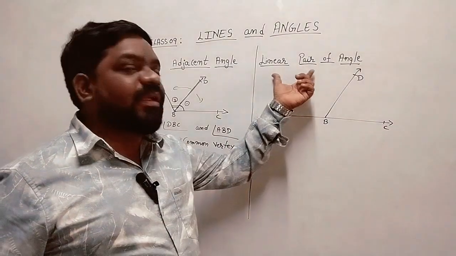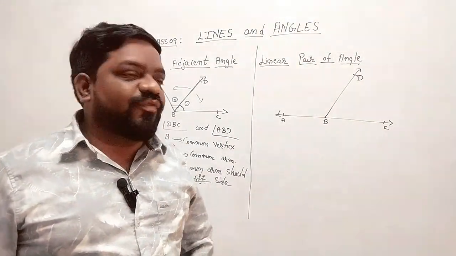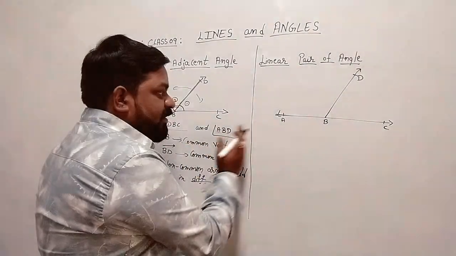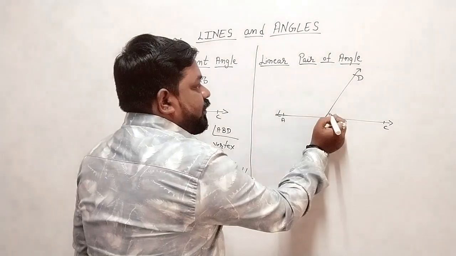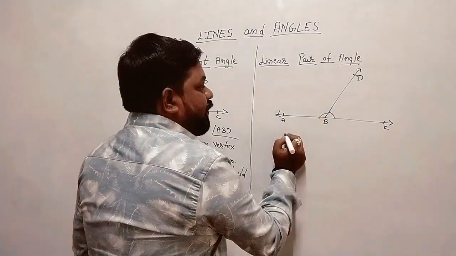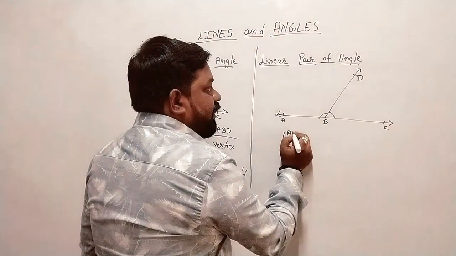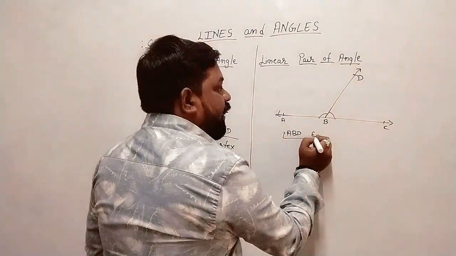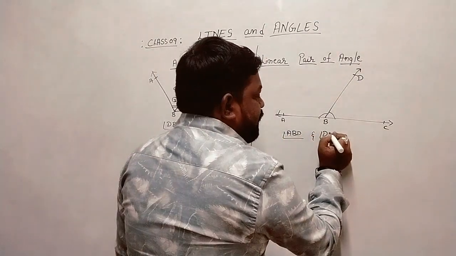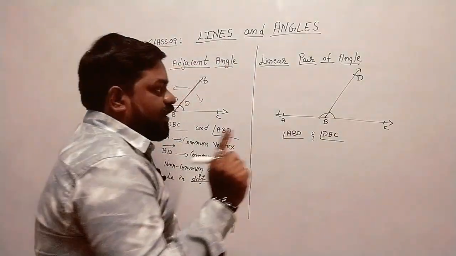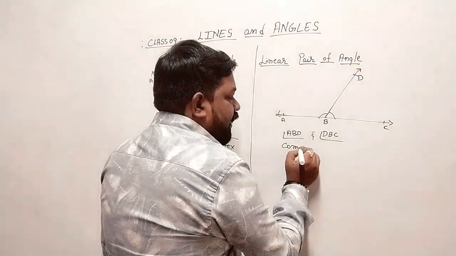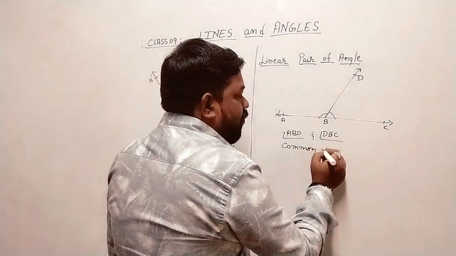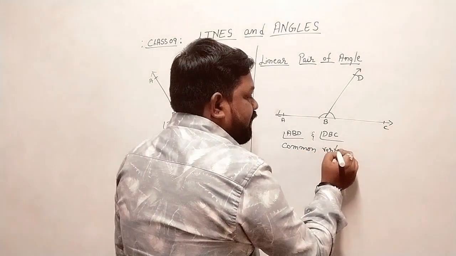Next, coming to the linear pair of angles, it is very similar to the adjacent angles. Here the two angles are, first one is ABD and angle DBC. These are the two angles, and both the angles have the common vertex.